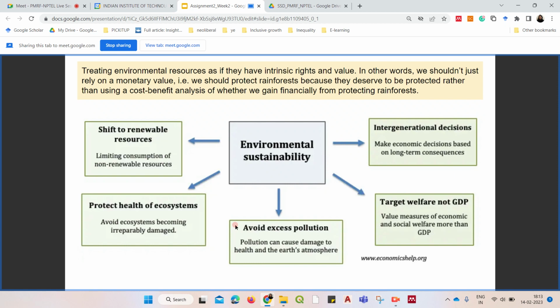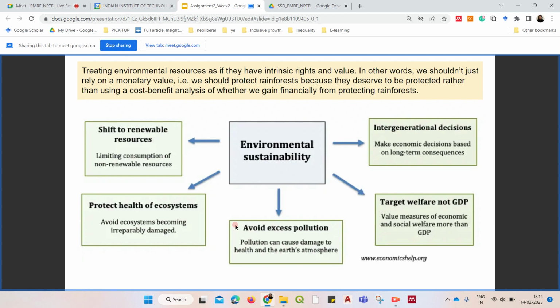So if humans can gain something from the resource, by processing it, removing it, or using it up, we can gain some financial value from it, we use that resource, or we try to use that resource, in a way so that we can maximize the benefit we get out of it.